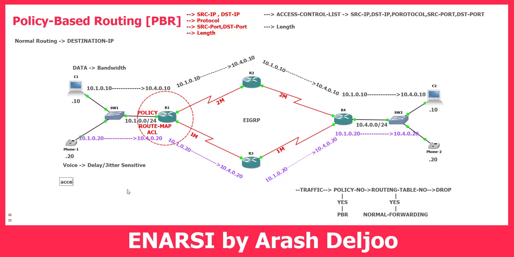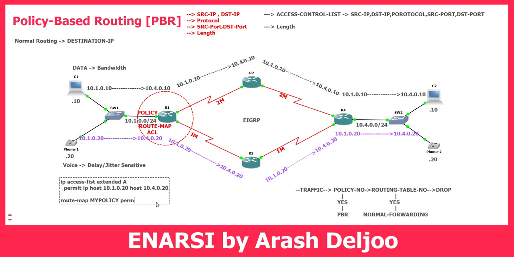Let me configure one extended access list: IP access list extended, for example A. Here we are configuring this command: permit IP from the host 10.1.0.20, meaning phone 1, to the destination host 10.4.0.20.